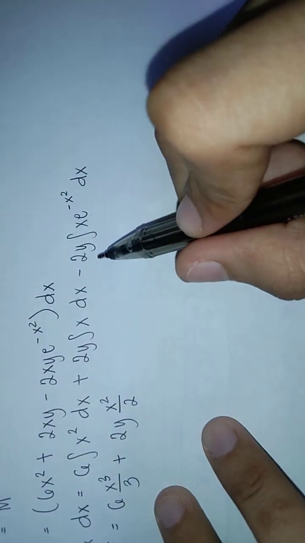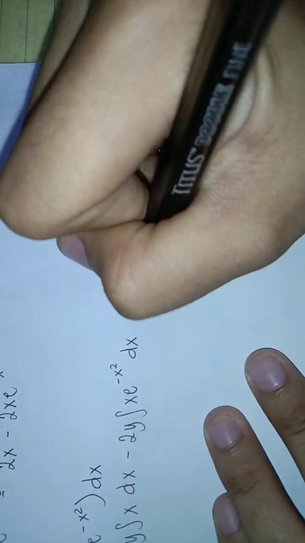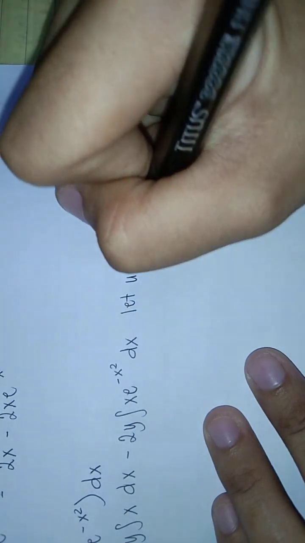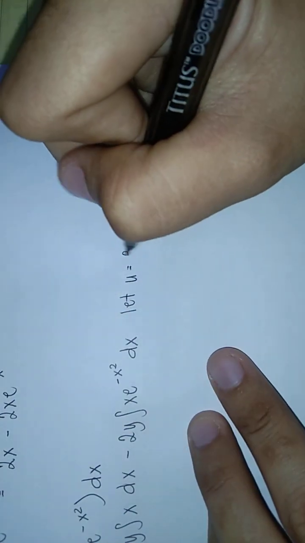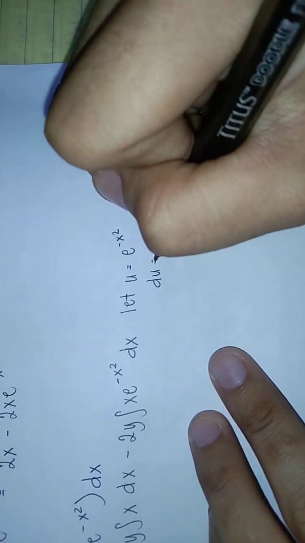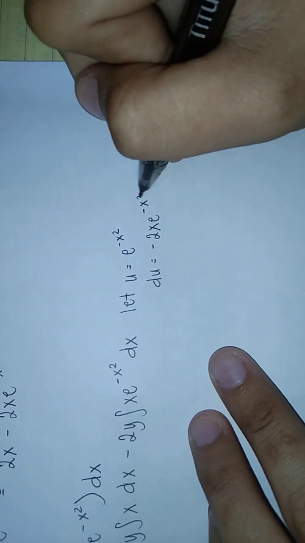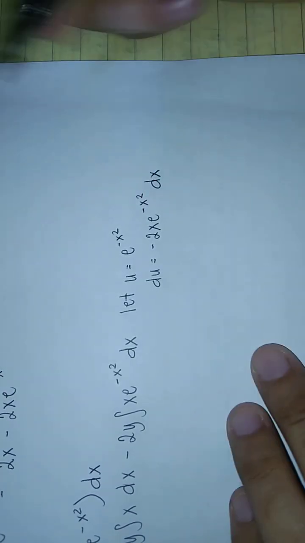In this one, we're going to use the u substitution. So let u be equal to e raised to negative x squared. Du is negative 2x e raised to negative x squared dx.